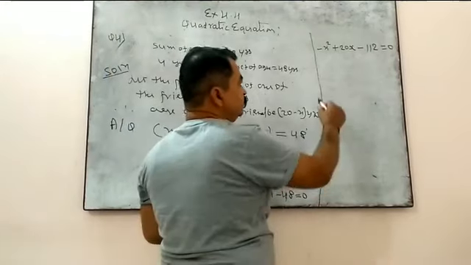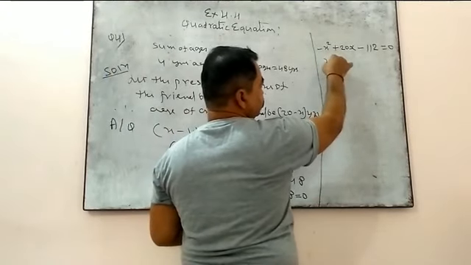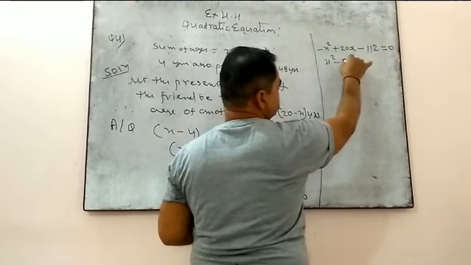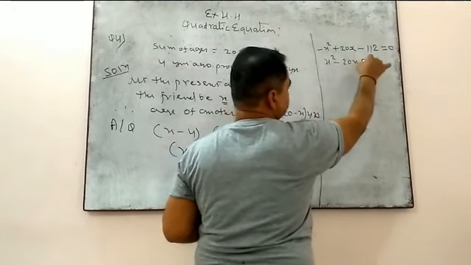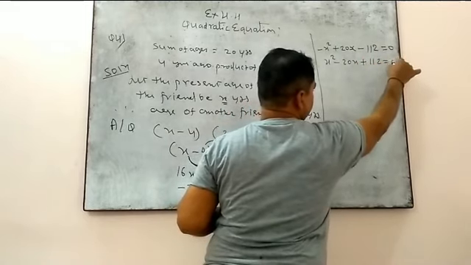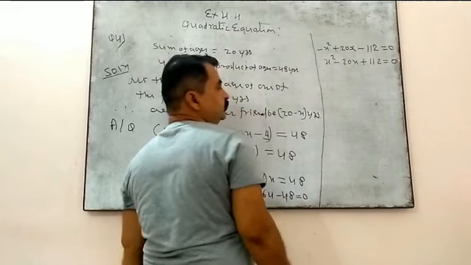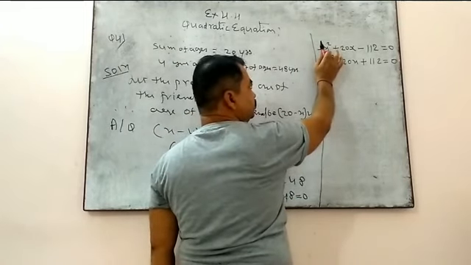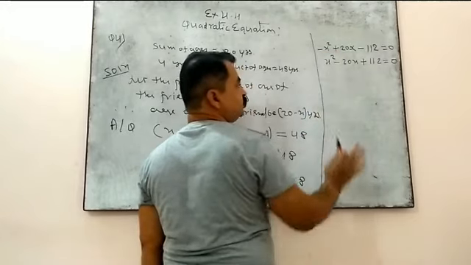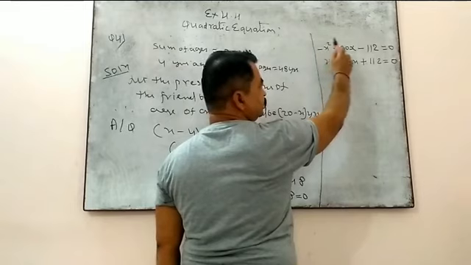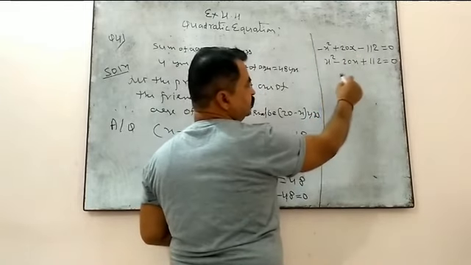Okay, so change the sign. So I'll get x square minus 20x plus 112 equal to 0. Okay, always try to maintain the coefficient of x square as a positive value. So that's why I multiplied with the negative sign and got the quadratic equation.